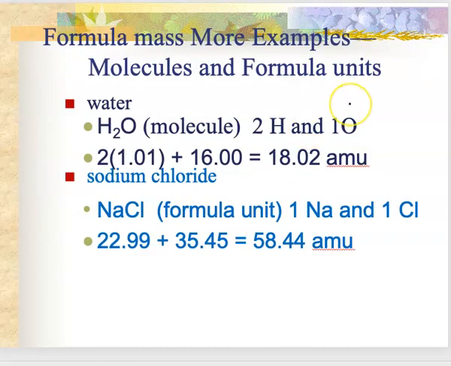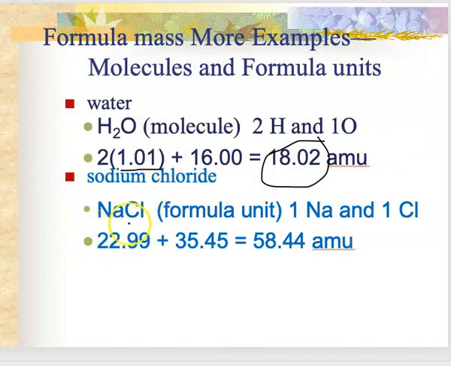All right, here's a couple more examples. So water, pretty simple molecule, has 2 hydrogens and 1 oxygen. So taking twice the molar mass for hydrogen, which is 1.01, and 1 times the molar mass for oxygen, and adding those 2 numbers together, you get the total of 18.02 atomic mass units, or grams in 1 mole of water.